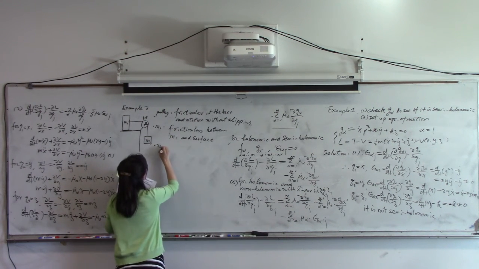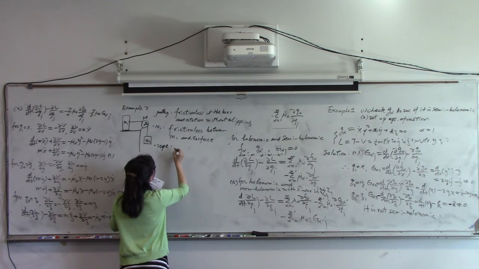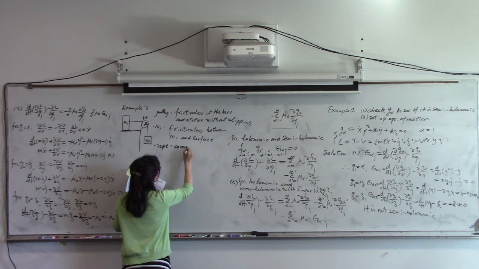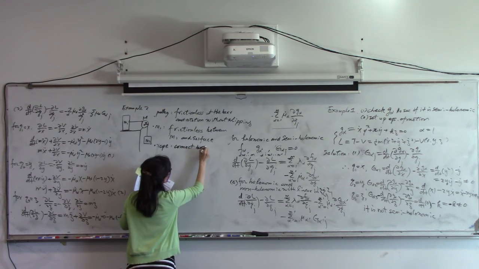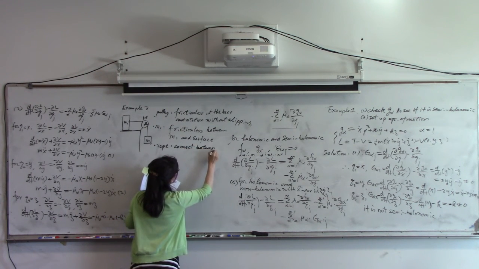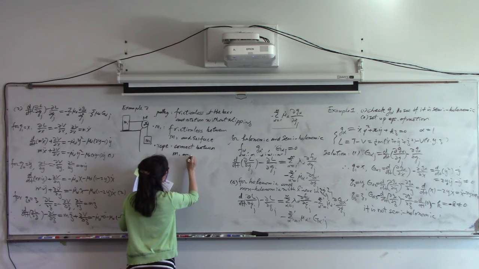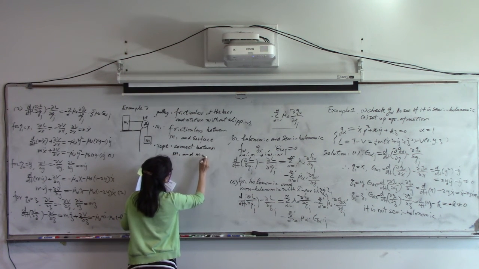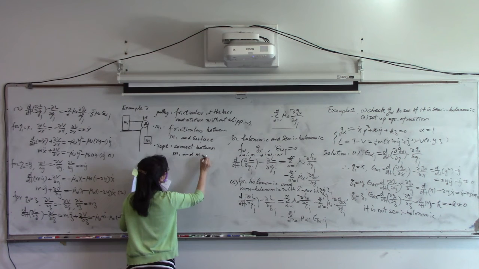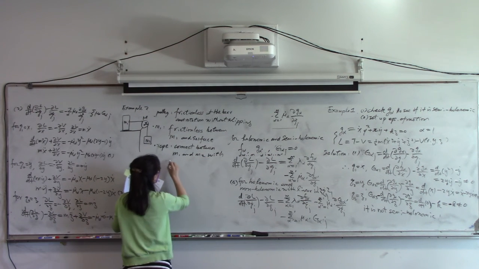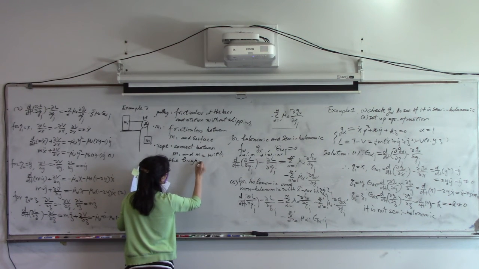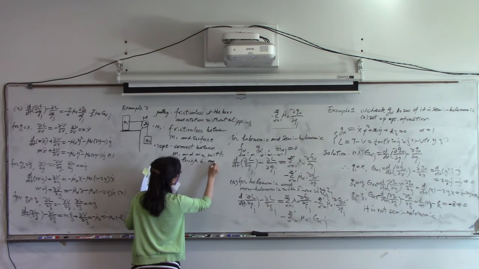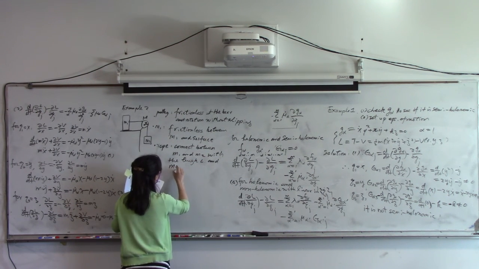The rope. M1 and M2, so the length is L and the mass weight. So we do not consider the motion of the rope mass.